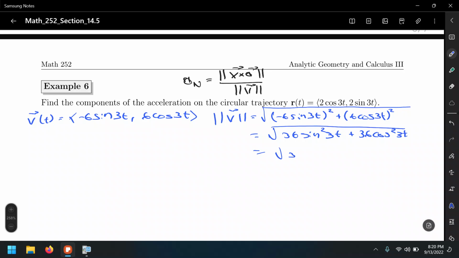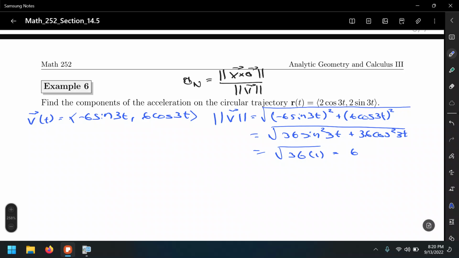Factor out 36, we get sine squared plus cosine squared, which is 1, and that's the square root of 36, which is 6. So that's the magnitude of the velocity vector.